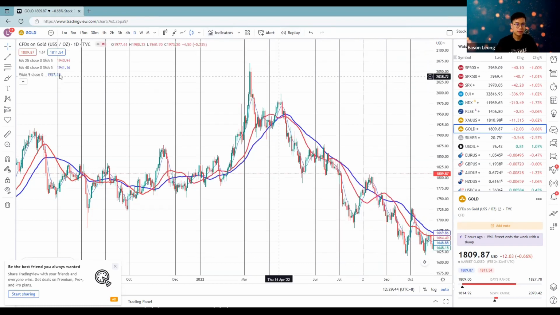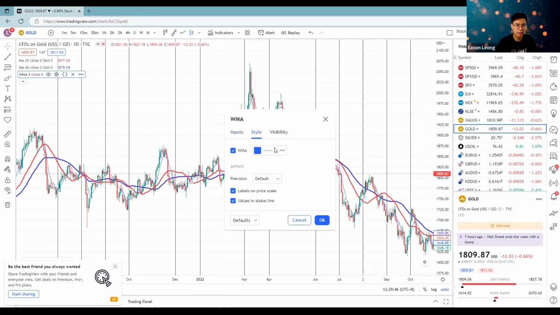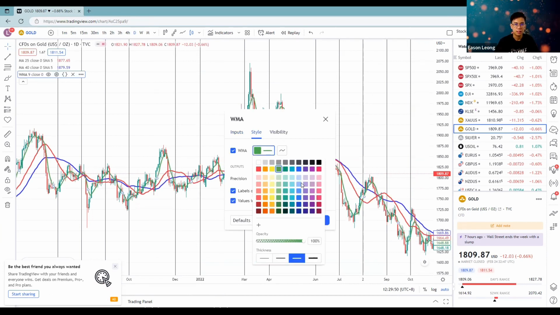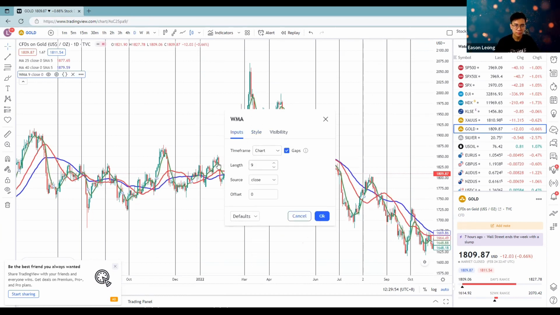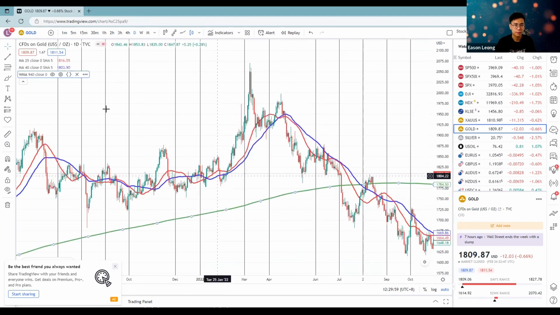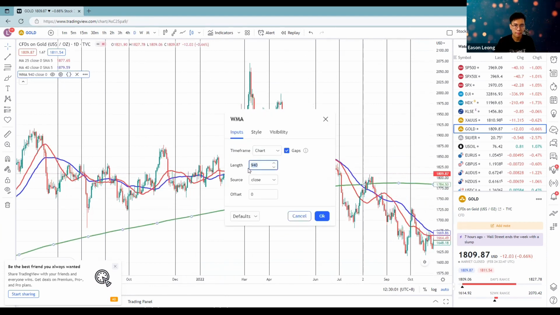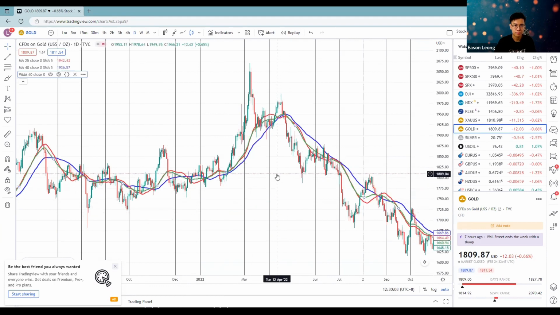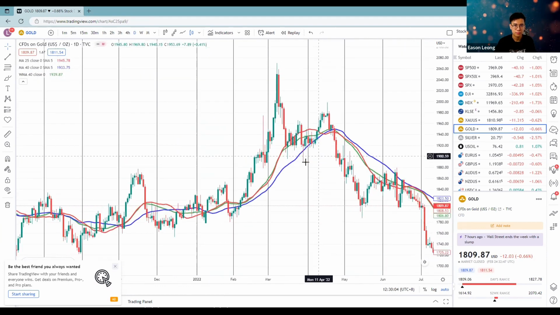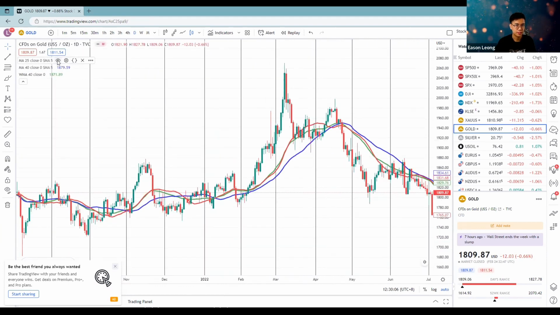Now, the weighted moving average is the same moving average, but it is more linear, meaning it will draw like a straight line. Let's put it to be 40. You can see, if I turn off this, the blue line and the green line are both the same period of 40.